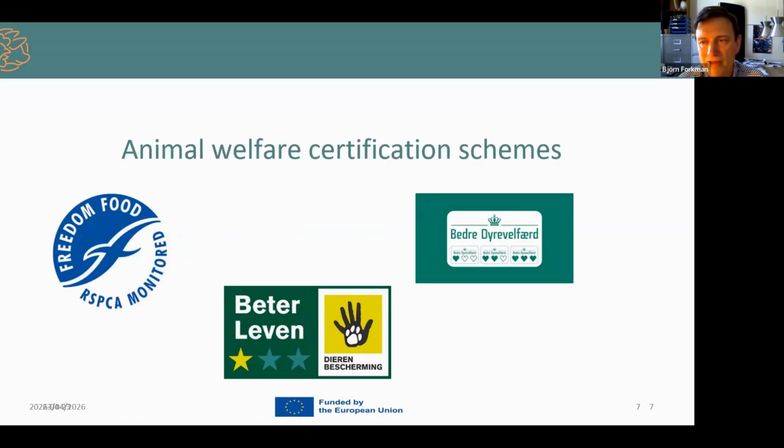Better Leven from the Netherlands, I would argue, is perhaps one of the most successful animal welfare certification schemes, to the extent that nowadays all animal products sold in the Netherlands actually carry the label Better Leven.